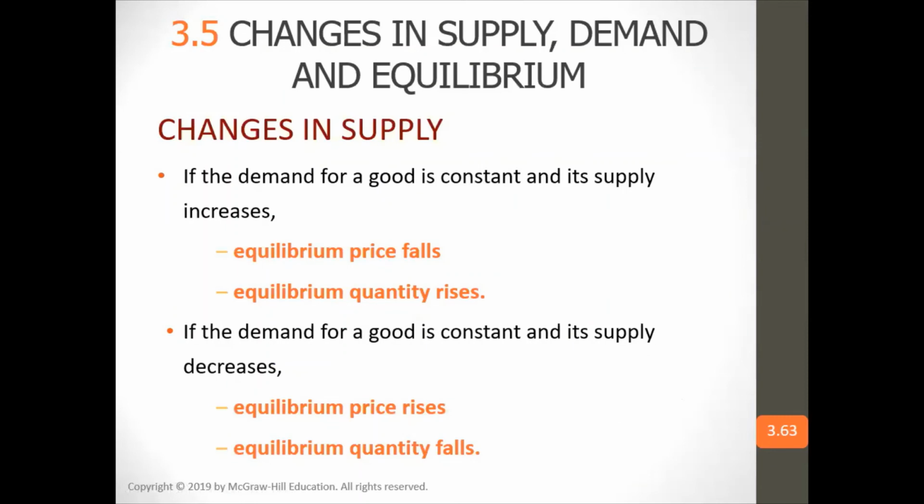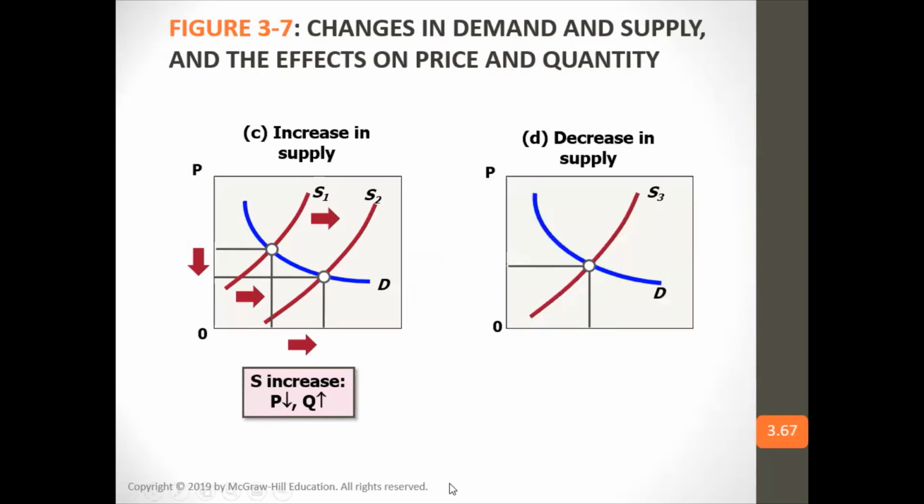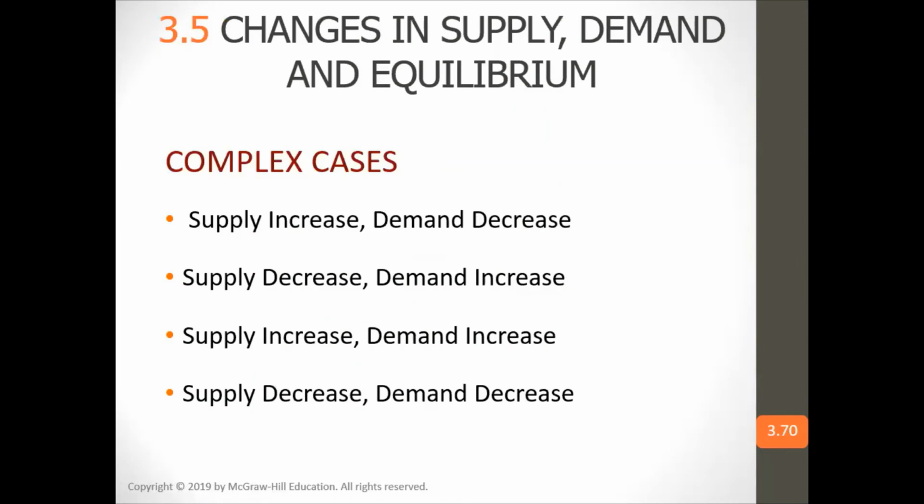Changes in supply: if supply increases, equilibrium price falls, equilibrium quantity rises. If supply decreases, equilibrium price rises, equilibrium quantity falls. So if supply increases, price decreases and quantity increases. If supply decreases, price goes up, quantity decreases.